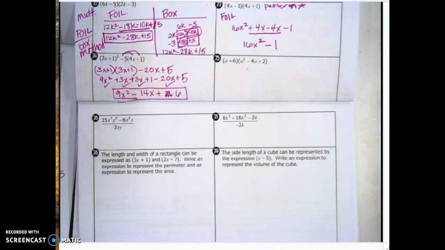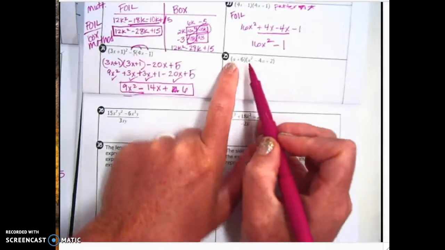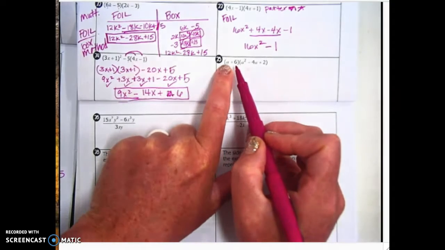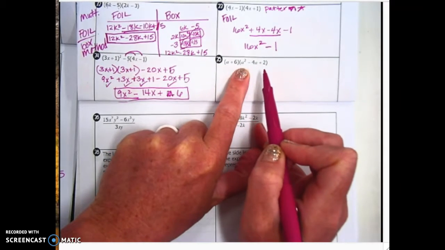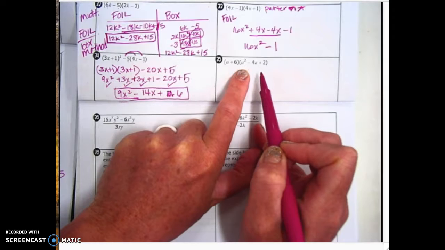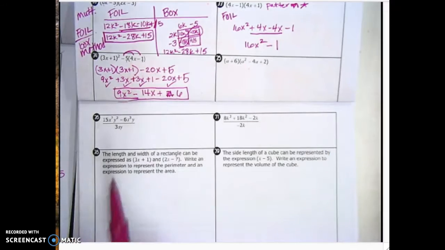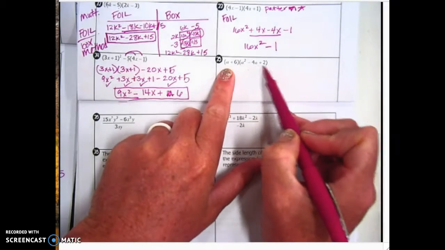All right, any questions on 34 other than what I just fixed? Okay, awesome. Number 35, we have a binomial, which is 2 terms, and then right next to it, we have a trinomial. So we need to distribute this a to all 3 parts here.